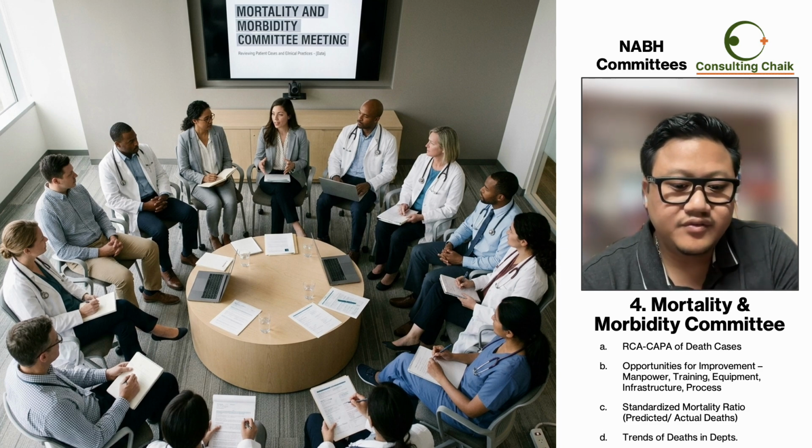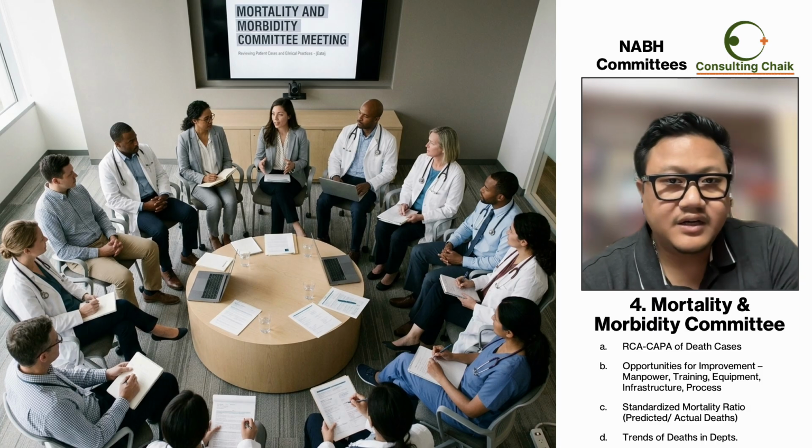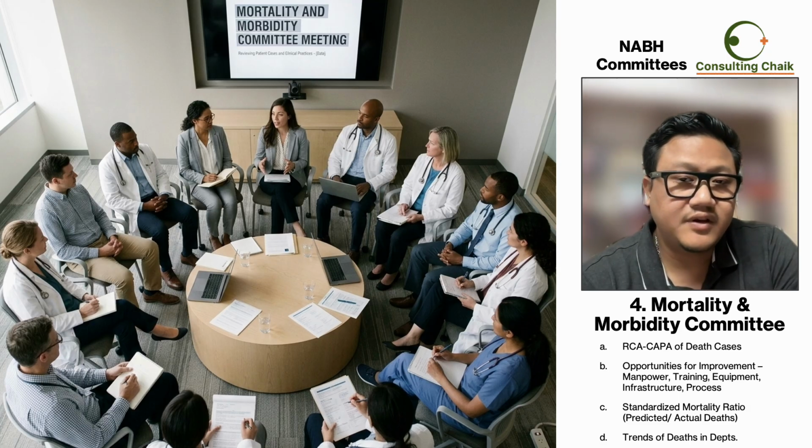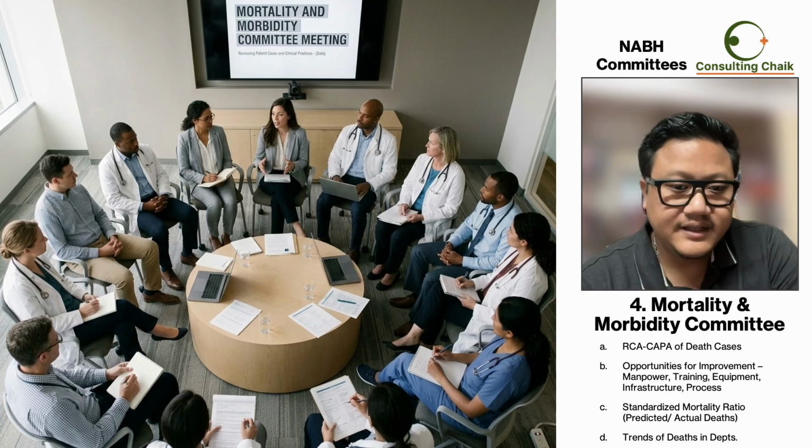If they have a low Apache score, then the likelihood of survival increases. If they have a higher Apache score, that means the patient is very critical, and the chances of survival are very less. So the number of predicted deaths and the actual deaths need to be seen.